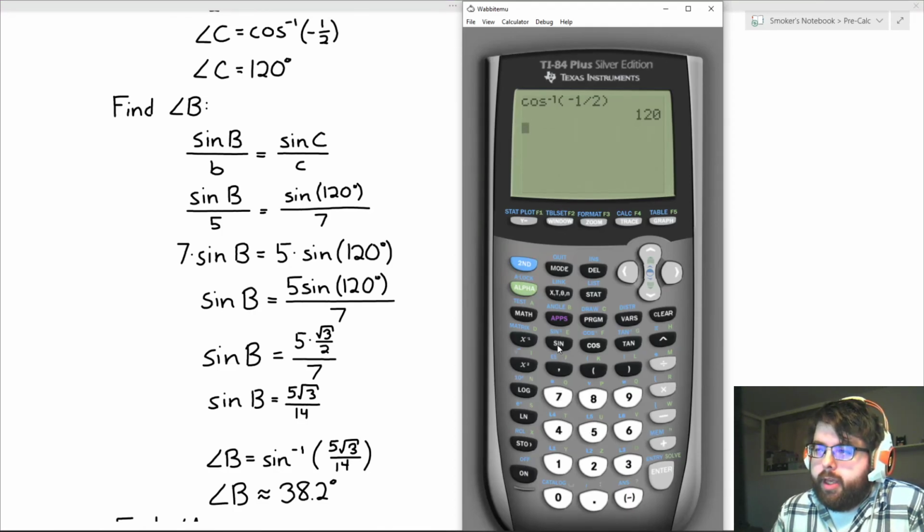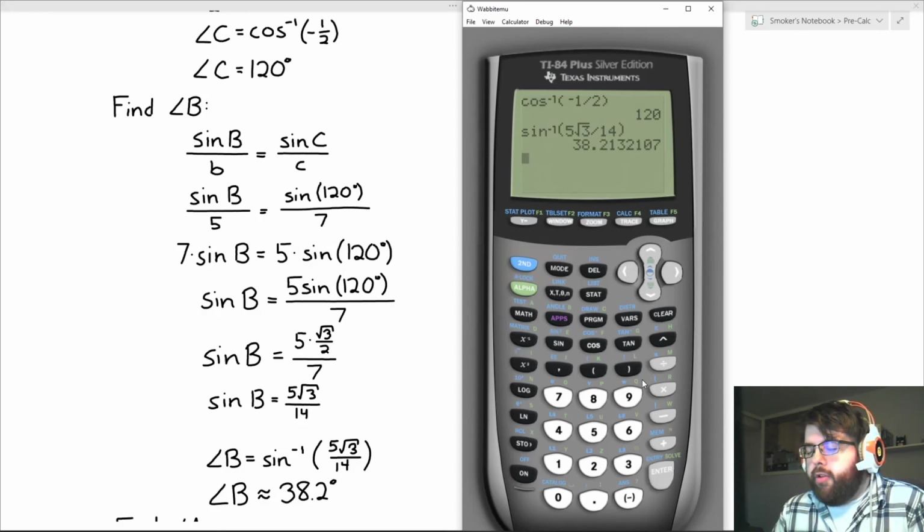So here is what I was trying to emphasize earlier. I'm doing this on my calculator to get 38.2. If I already know that C is 120, then with this sine inverse I don't have to worry about there being two triangles, because there's not enough room for a 180 minus whatever this gives me.